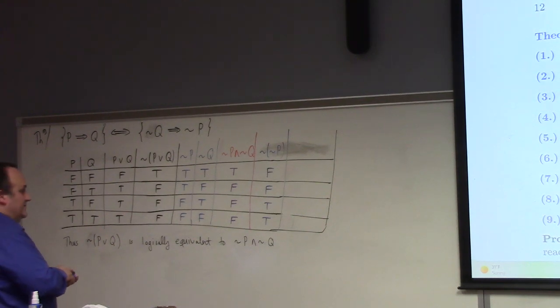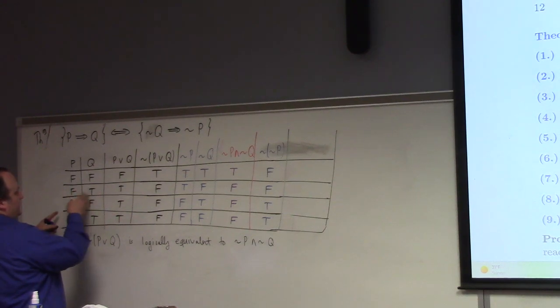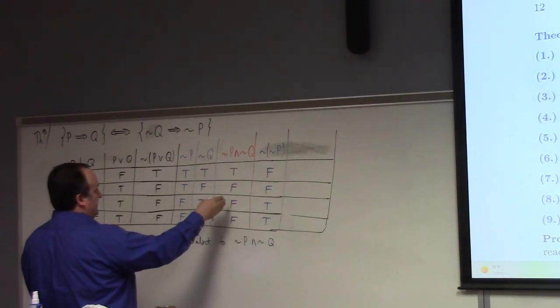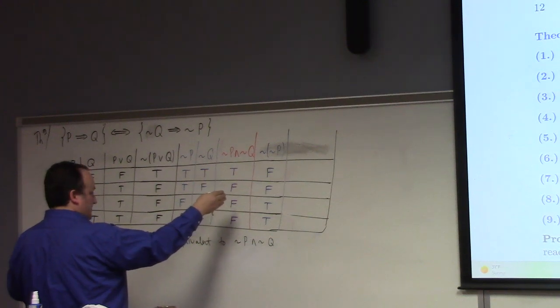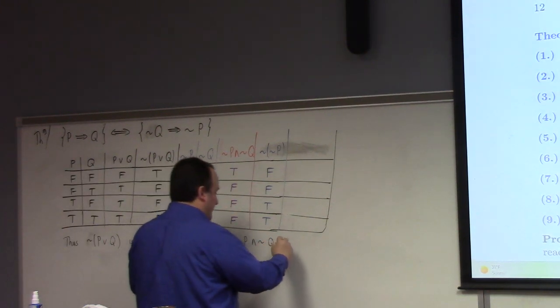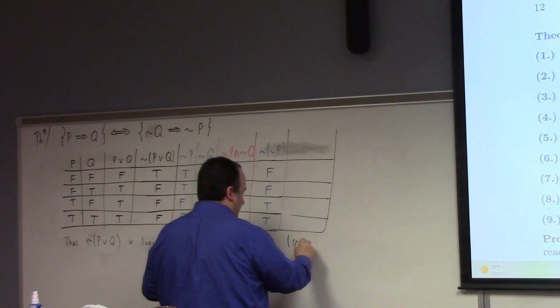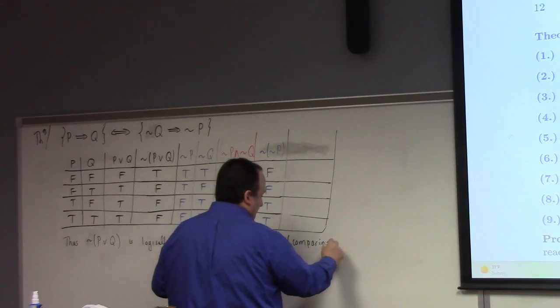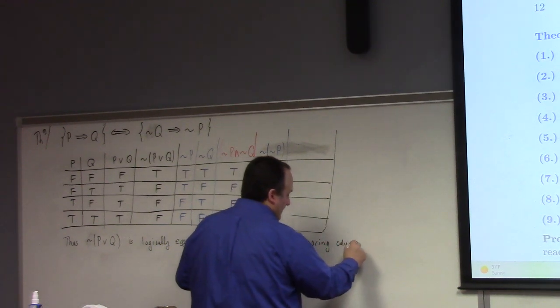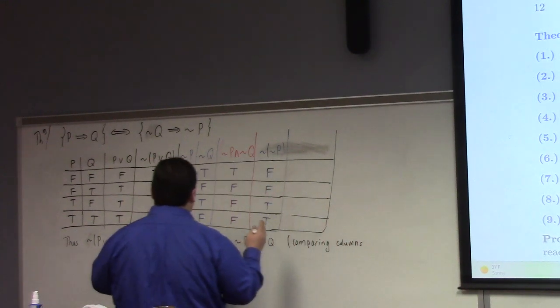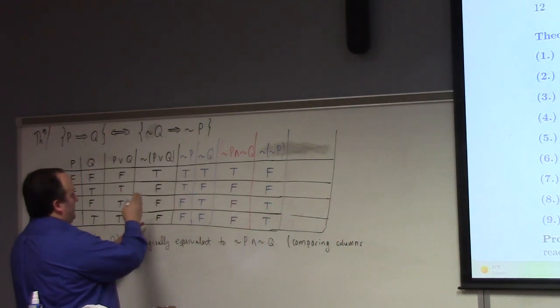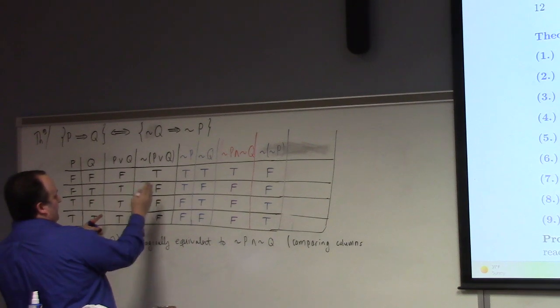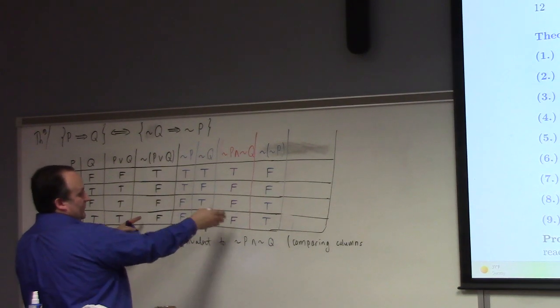So what is that? This is by comparing columns, 1, 2, 3, 4, 5, 6, 7. It'd be better if I said comparing columns, what? Columns 4 and 7, right?